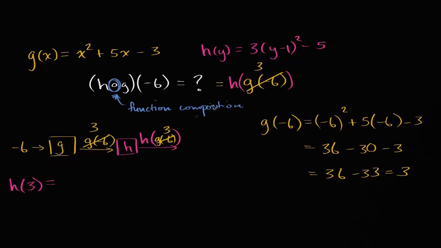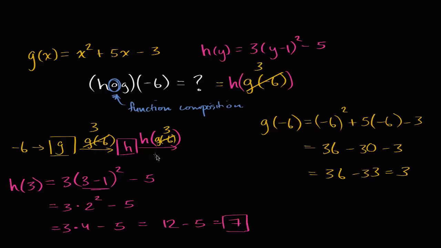So h of 3 is going to be 3 times 3 minus 1 squared minus 5, which is equal to 3 times 2 squared, this is 2 right over here, minus 5, which is equal to 3 times 4 minus 5, which is equal to 12 minus 5, which is equal to 7.